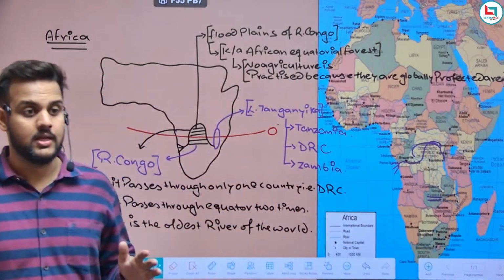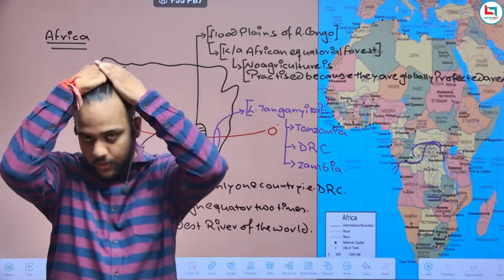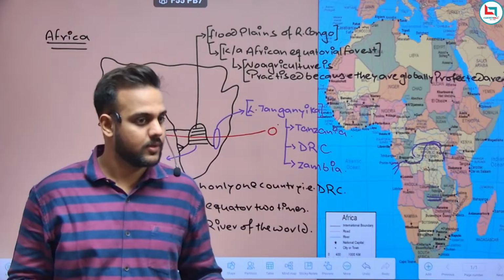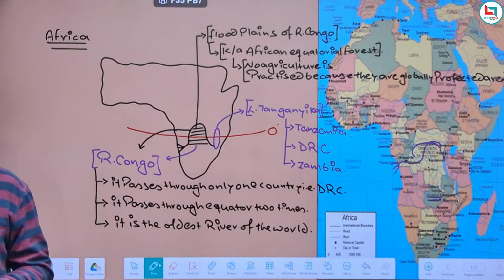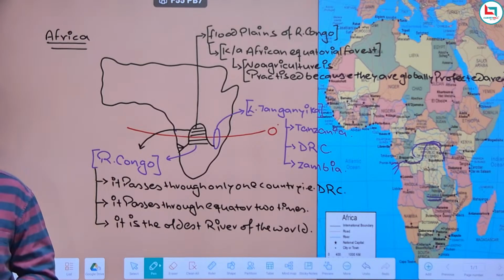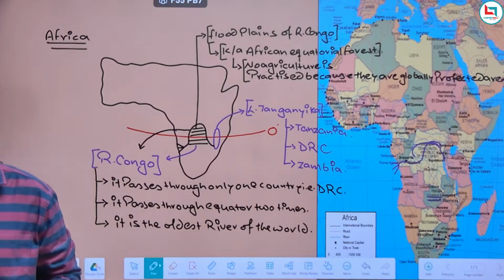Remember this point. This is again an important point that we should know. After this, if you look towards the African equatorial forest, in this particular forest the highest tribal population is there.